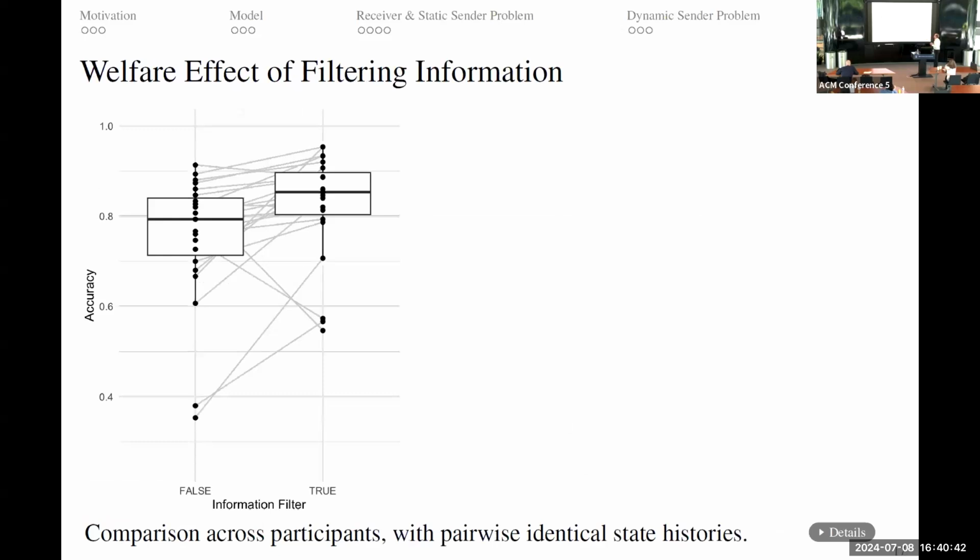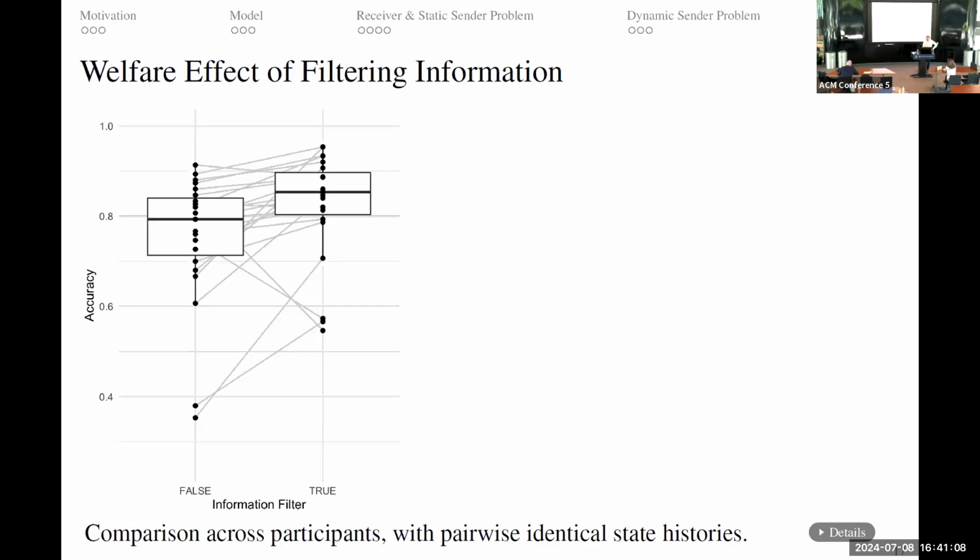But more interestingly, we can then look at the welfare that results under two compared conditions. So what I'm looking at here is subjects' choice accuracy, which is their probability of choosing the argmax on each trial. And we can compare this under the algorithmically filtered information, which is our algorithm, and then the unfiltered information, which once again is the naive benchmark of just showing all of the information on each trial.